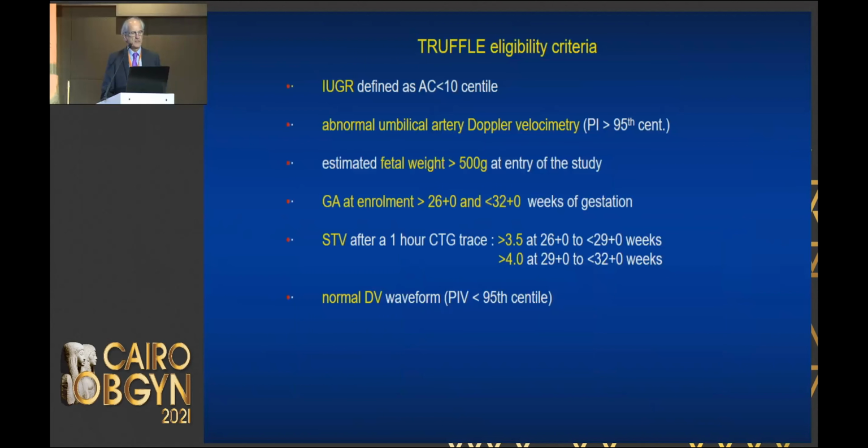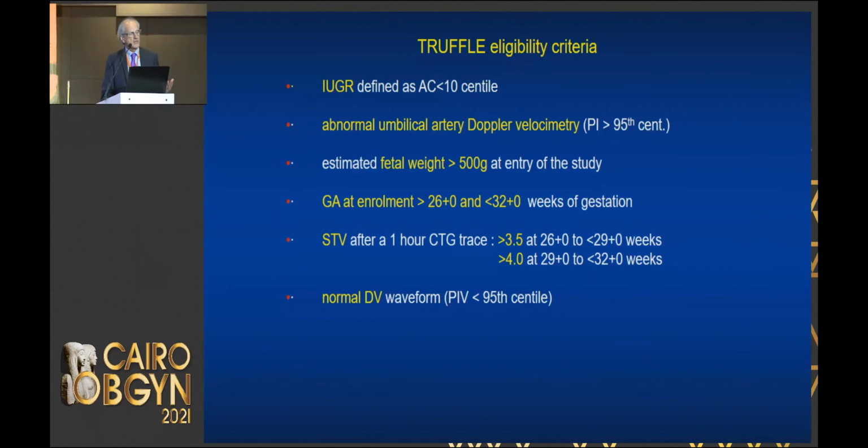Now, inclusion criteria were fetuses with early fetal growth restriction defined as AC below the 10th centile, an increased umbilical artery PI, because we wanted to make sure that this is a placental disease, estimated fetal birth weight above 500 grams at the entry of the study, gestational age at enrollment between 26 weeks and 32 weeks, because we wanted to make sure that these are viable fetuses already.